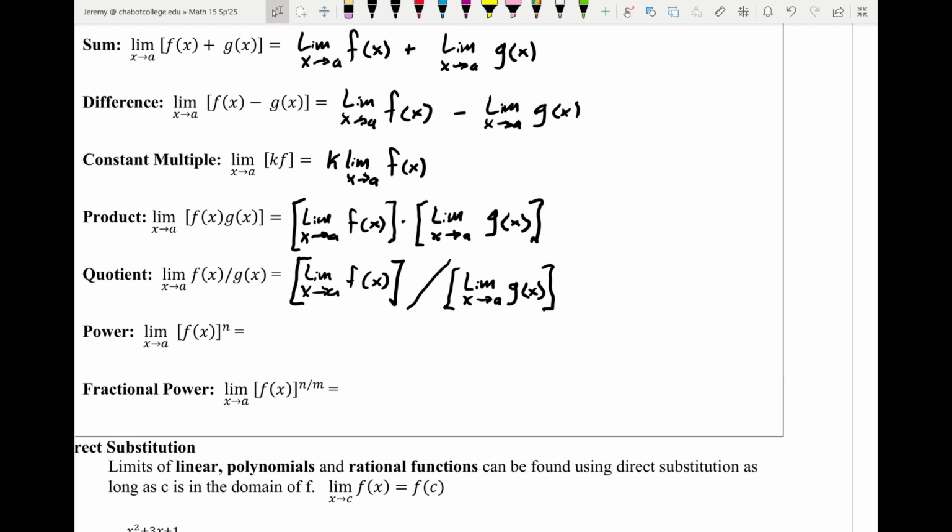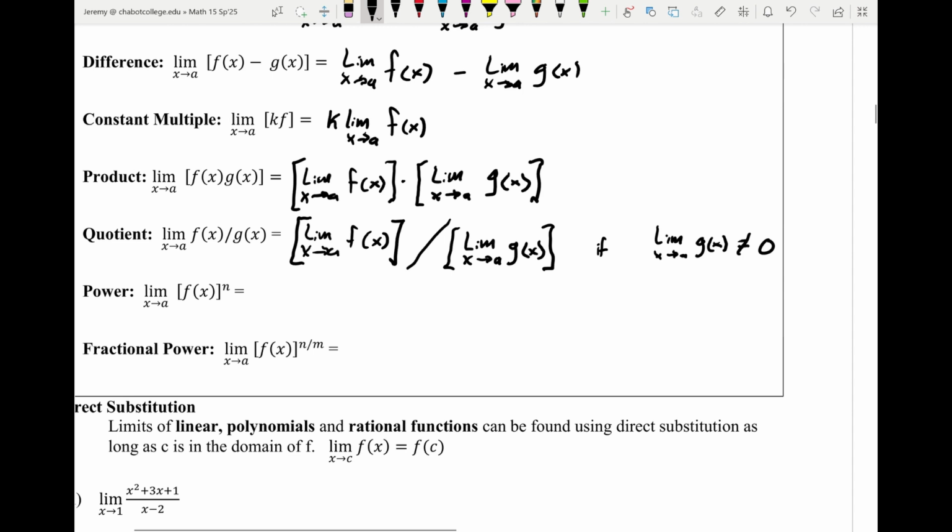Okay, if the limit of that denominator goes to 0, then we have a little bit of a problem. So I'll just say if the limit as x approaches a of g of x is not equal to 0. Because once we evaluate this, our output should just be a real number, and we can't have 0 in the denominator, excuse me.